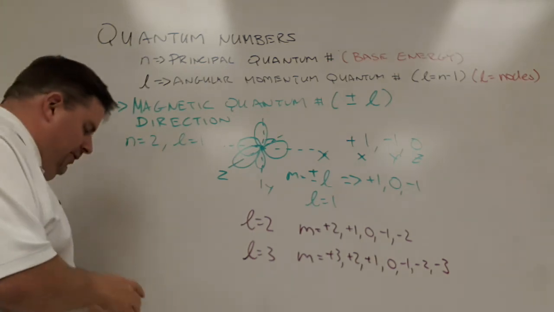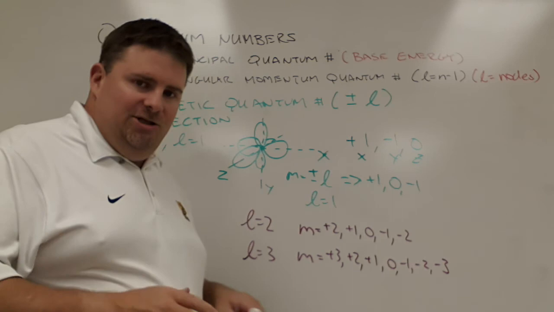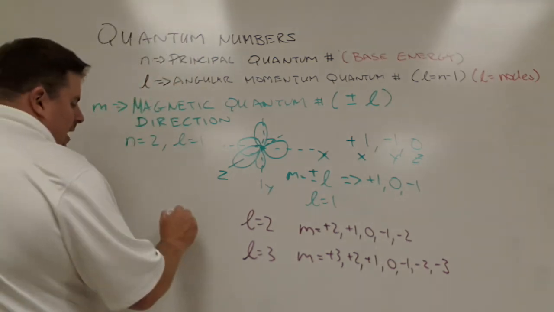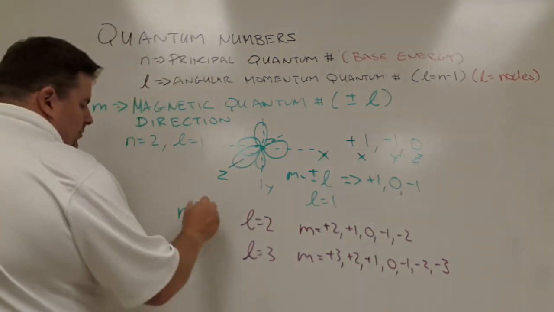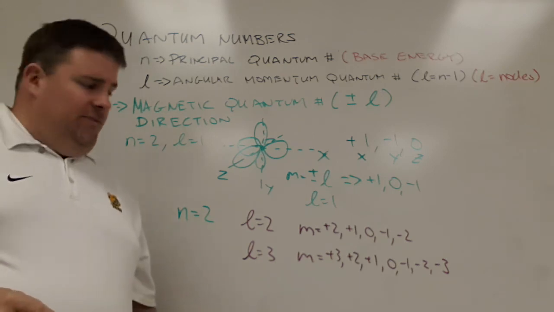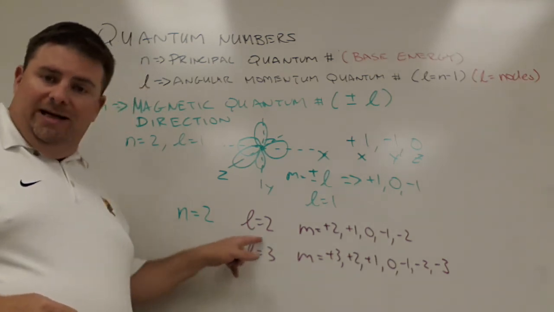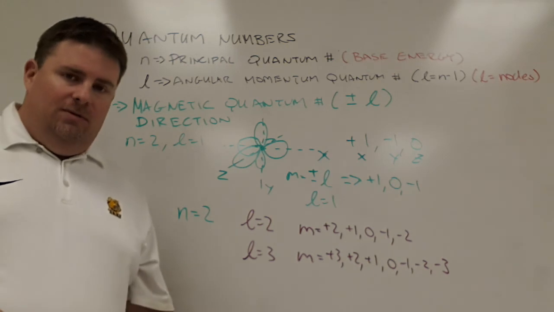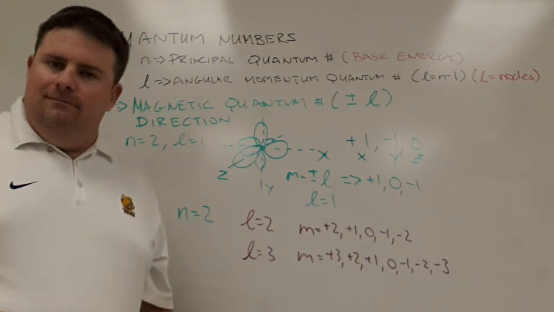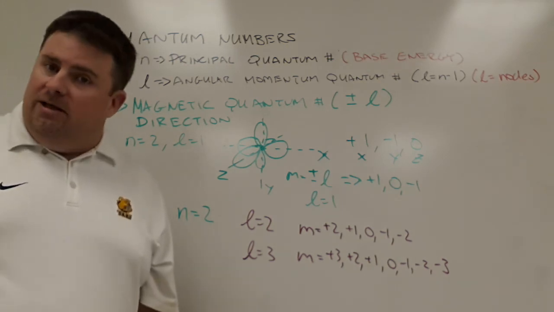Now, just to throw a bit of a review at you, can I have n equal to 2 here? Does L equals 2 exist when n is equal to 2? You're right, it doesn't.